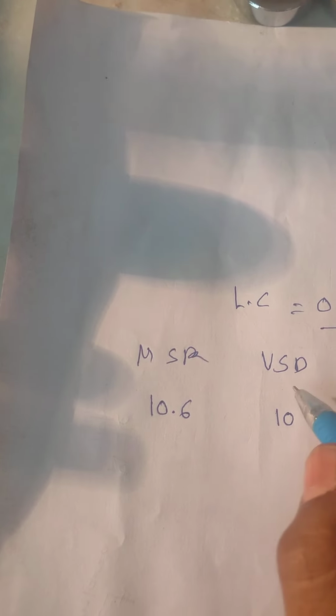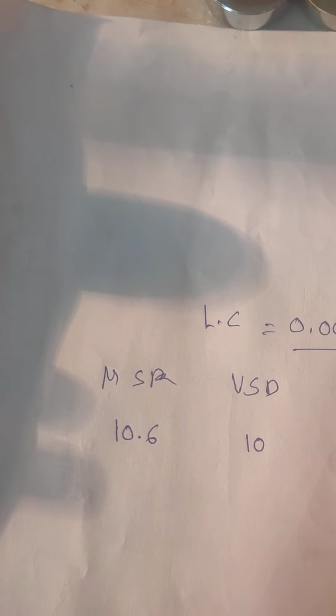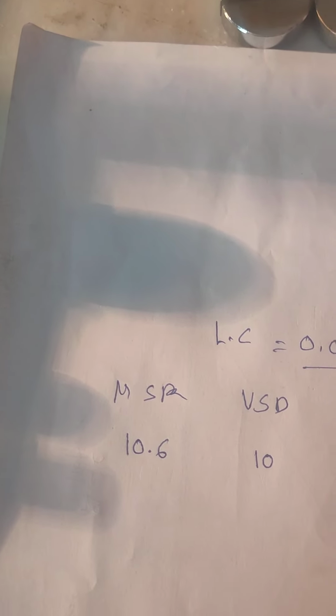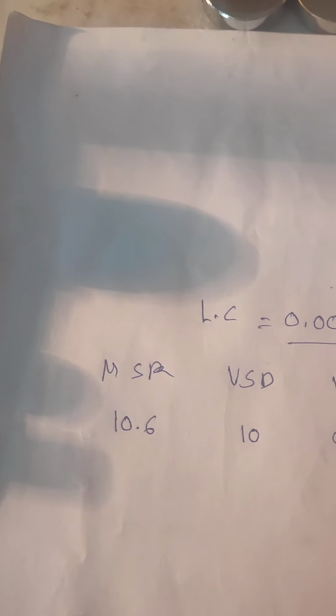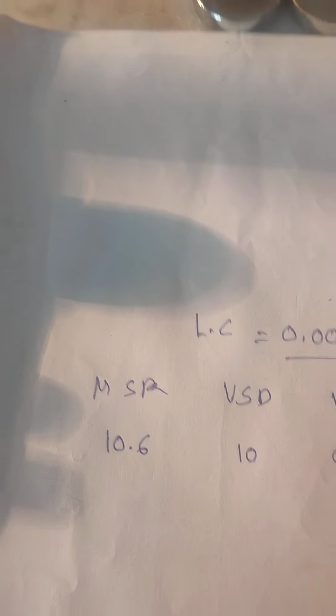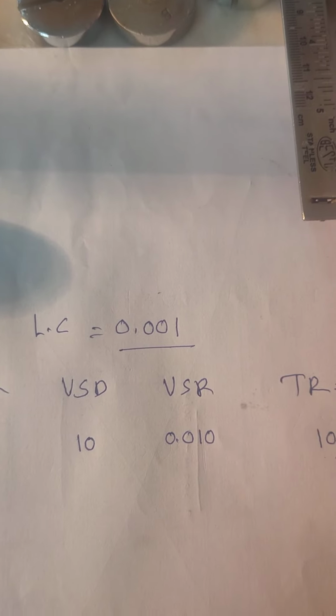So VSR is VSD into least count, so I will get 0.010. And TR means the summation of MSR and VSR. So if I add both, you will get 10.610. Okay, so this is my reading.